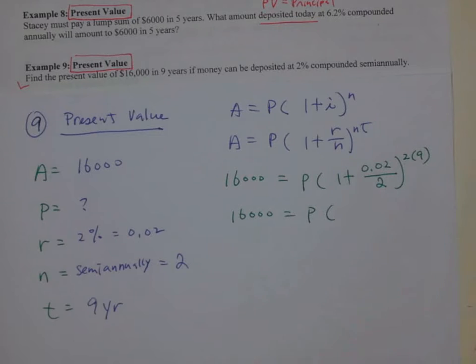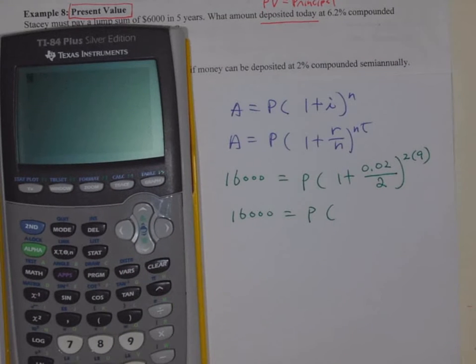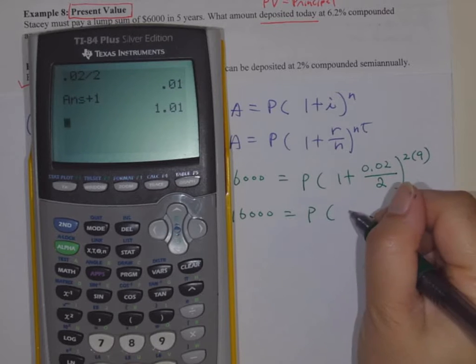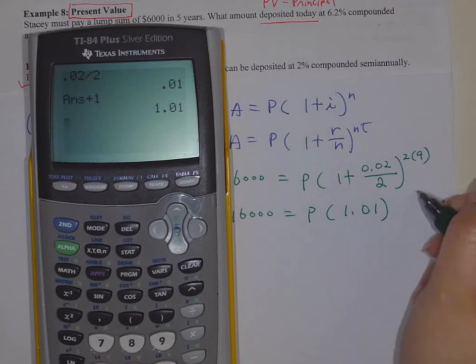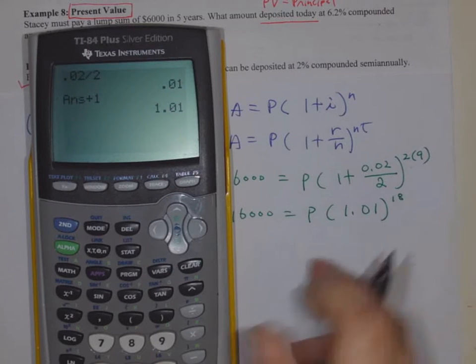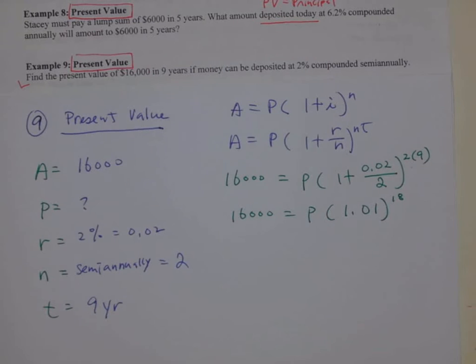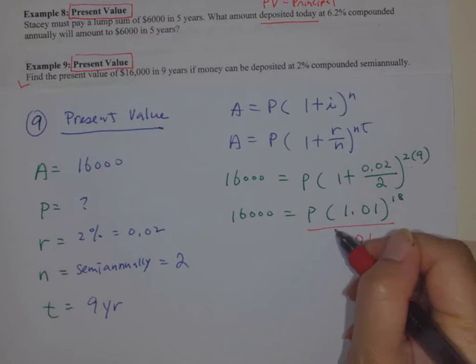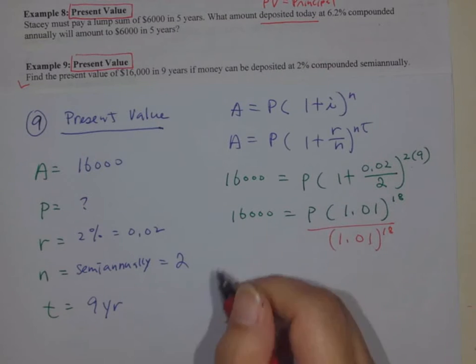If we do what's in the parenthesis, that would be 0.02 divided by 2 plus 1, so that would be 1.01, right? 2 times 9 is 18, so that's what we have. So again, divide both sides by 1.01 raised to 18 to solve for P.